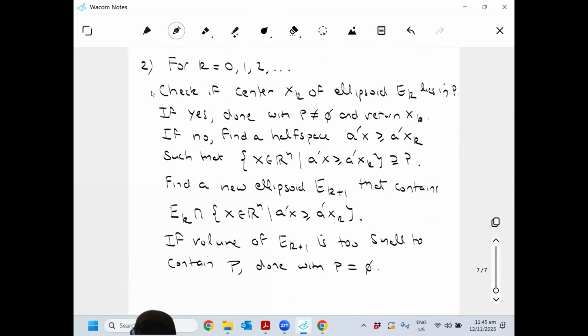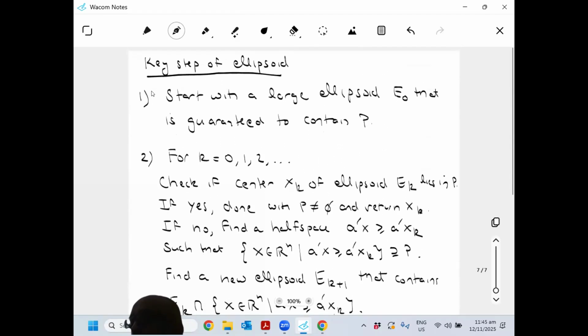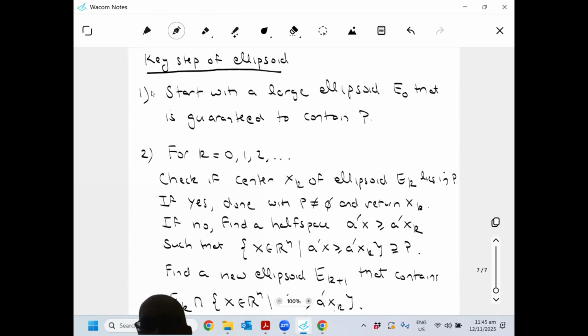So if your ellipsoid becomes too small to contain a polyhedron, and this polyhedron has to be full dimensional, so it has to have volume, then you can say that the polyhedron is empty. Somehow the volume has become too small to contain a polyhedron. Else continue, go back and repeat. Do this step multiple times.